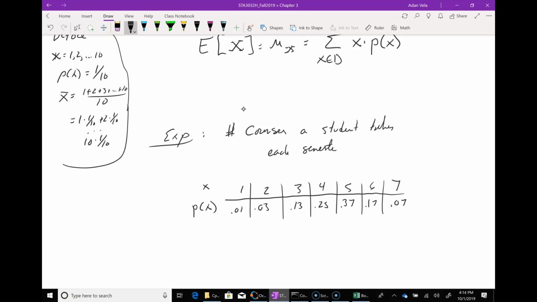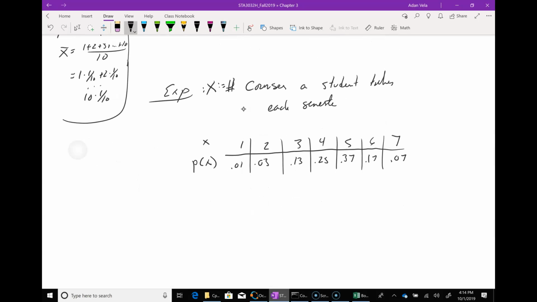And this is my probability distribution. And in fact, we're going to define x this way. And so we can ask ourselves, what's the expectation of x?